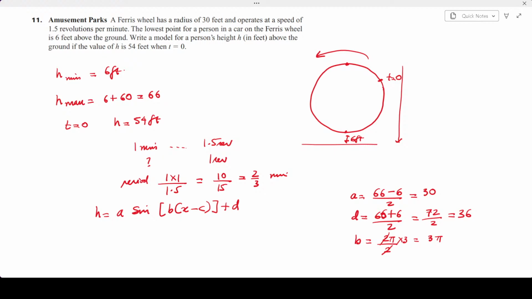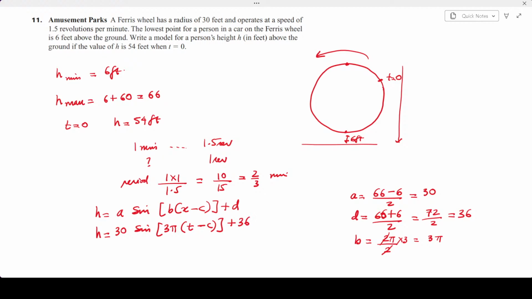So h is equal to a sine of b, where b is 3 pi. We'll put t as the time because your x is your time now. Minus c, which we have to determine, plus d.